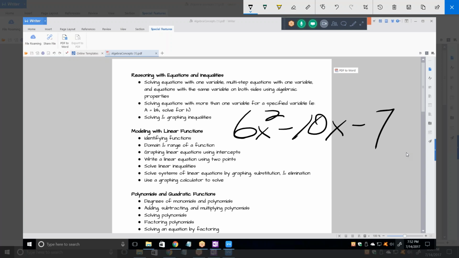Okay? But I don't really care if you can master that. I don't think you're going to have to master that when you take this test. That's Algebra 2 more than Algebra 1. So my guess is that the only factoring you're going to have to do is for problems like that, where this coefficient in front of the x squared is always a 1. And if that's the case, then factoring is really easy. And you don't have to worry about these complicated factoring systems that they teach you in school.